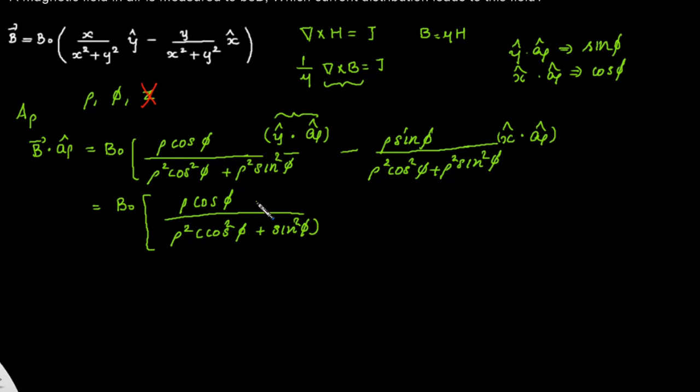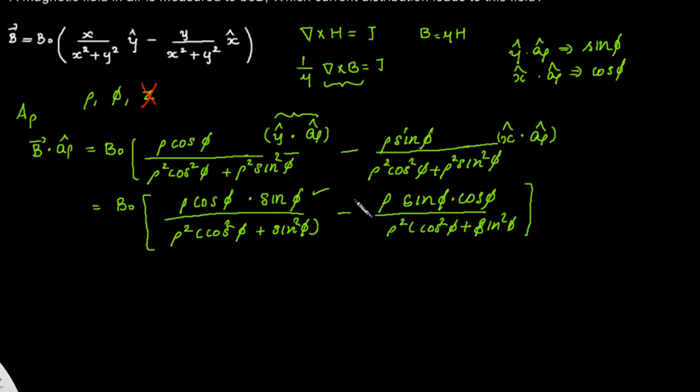We know its value is 1, into y cap dot a rho cap, which is sin phi, minus rho sin phi into cos phi by rho square into cos square phi plus sin square phi. So from this it is clear that these two terms will cancel and the component along a rho is 0. Now we need to find the component along a phi.